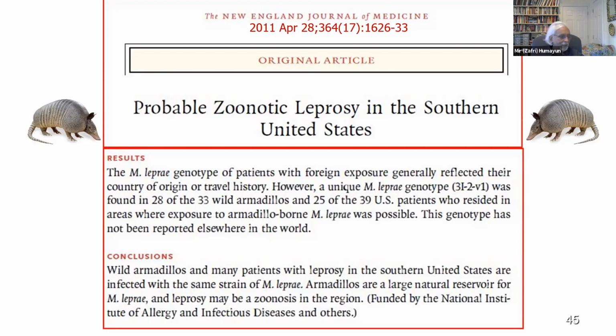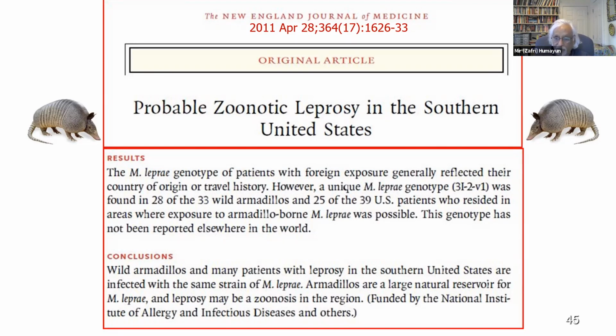And surprisingly, 60% of patients from southern United States had the same exact strain as found in wild armadillo populations, indicating that there was some sort of an infection process going on between the animals and the humans. Okay? And this particular strain was different from the vast majority of patients elsewhere on the planet.